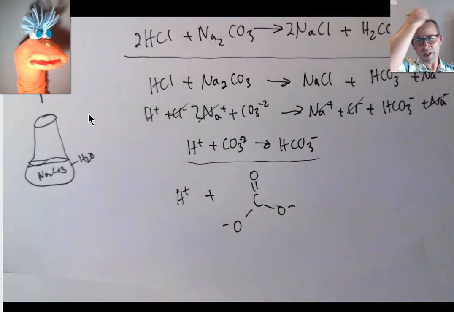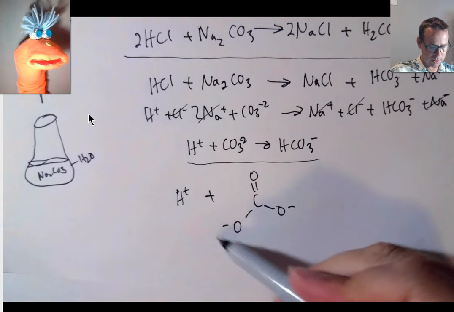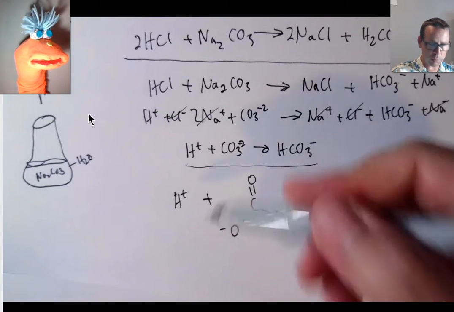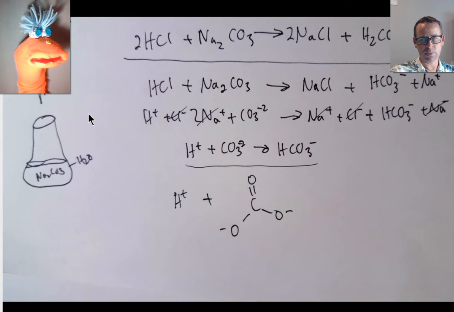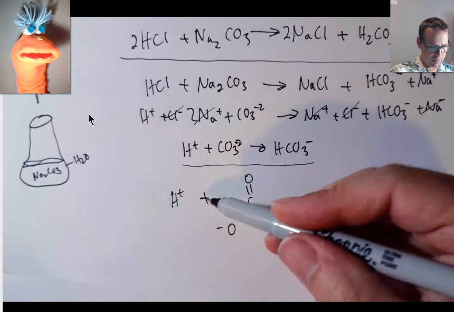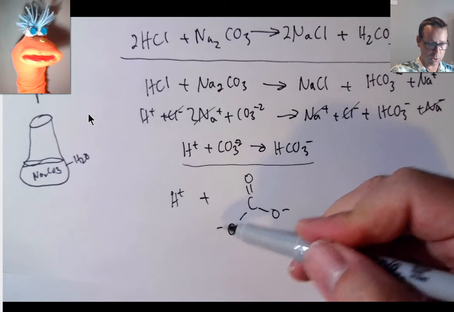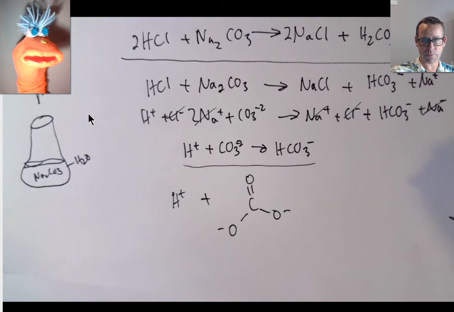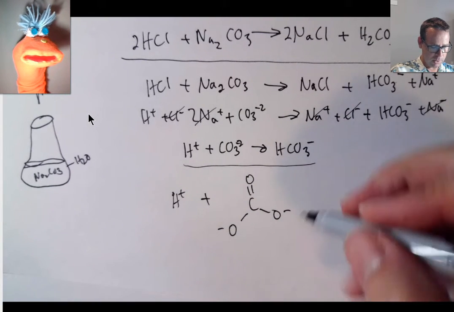There's a certain affinity for hydrogen ions by these oxygens, or by this whole molecule in general, okay? That means that when a hydrogen ion comes close, this carbonate will draw it in and hold on to that hydrogen because of that negative charge, all right?